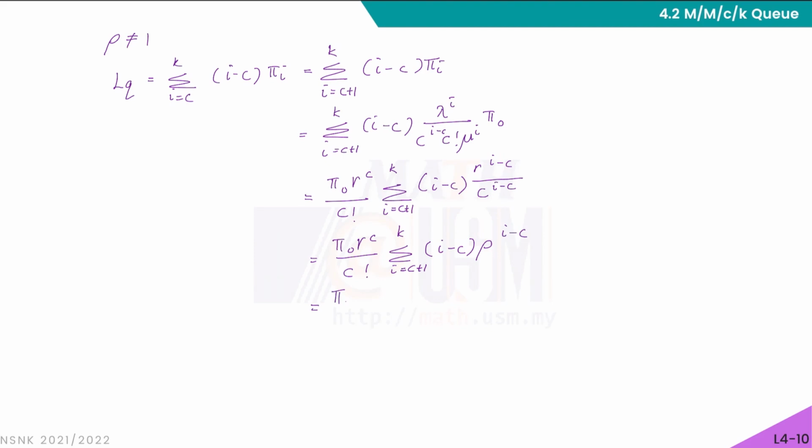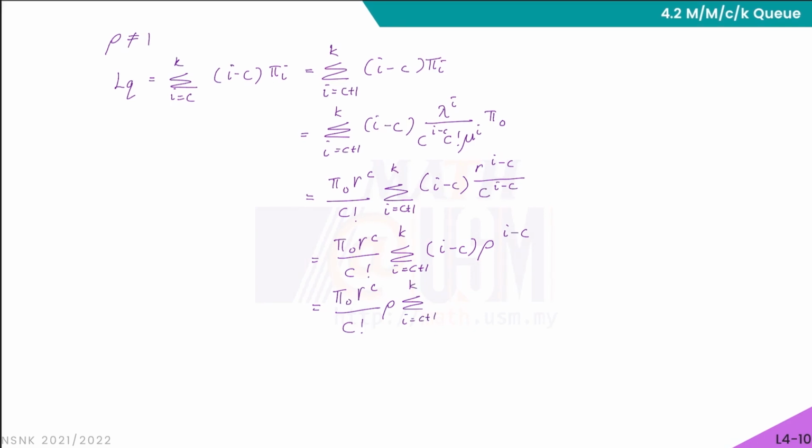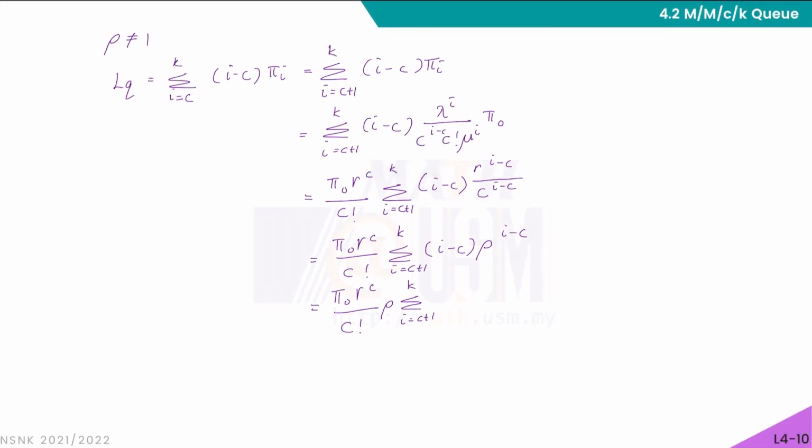So we will have pi naught r^c over c factorial times rho, the summation for i equals c plus 1 to K of (i minus c) times rho to the power of i minus c minus 1.